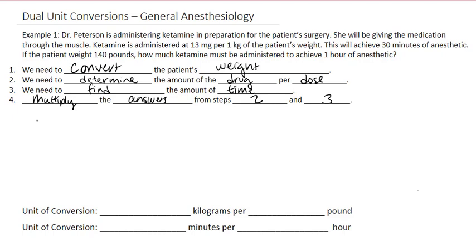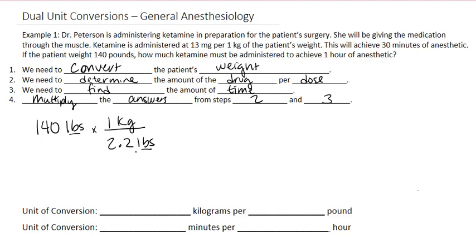So we have 140 pounds. In order to do this, we know we have 1 kilogram is equal to 2.2 pounds. Now we want to get rid of the pounds, so we put that on the bottom there.